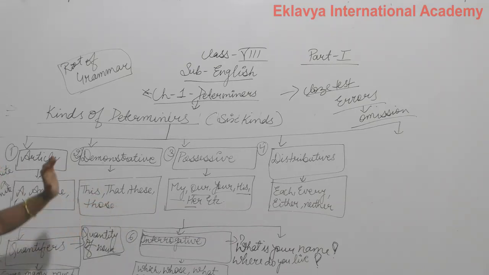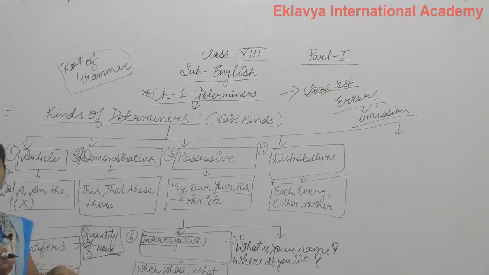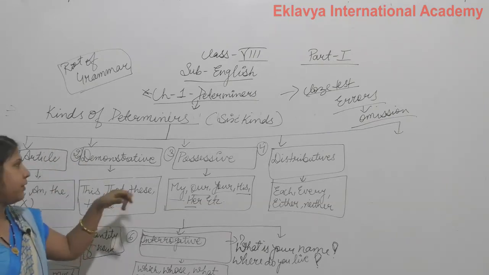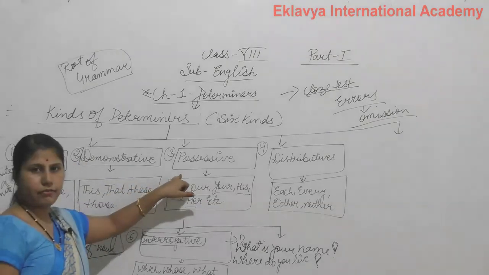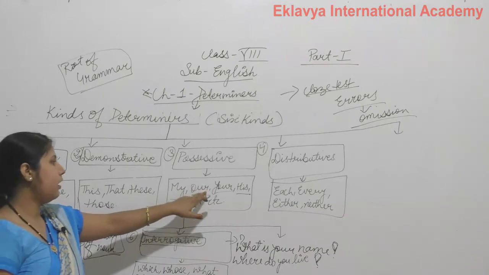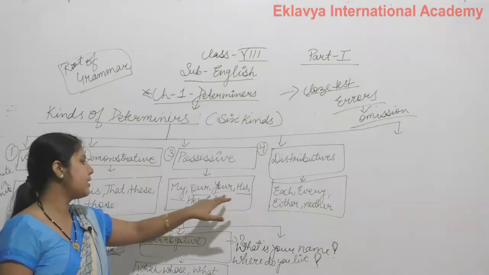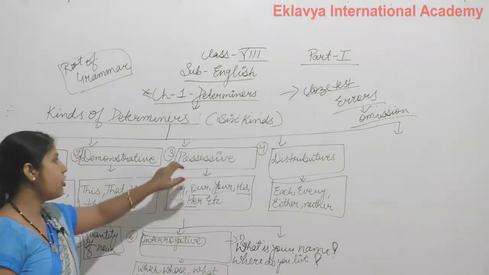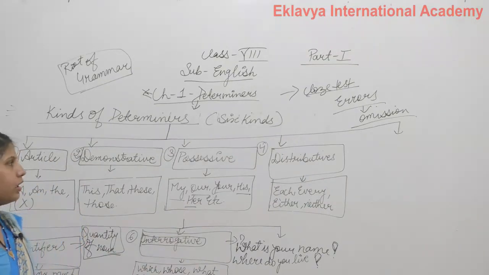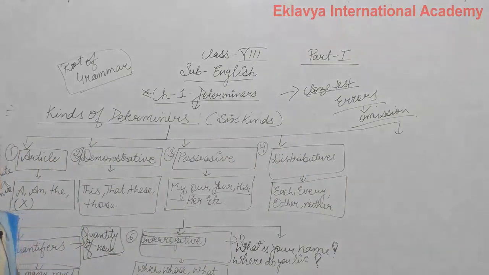Again I explain, which points out something, किसी भी चीज को point out करना is known as demonstrative. Next is possessive: my, our, your, his, her, etc., which shows possession.